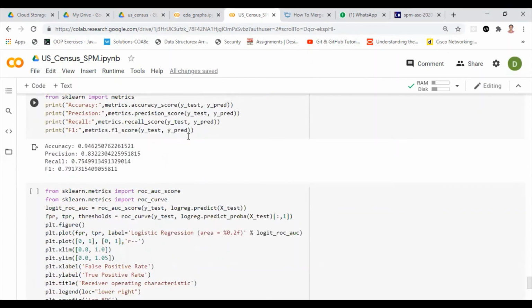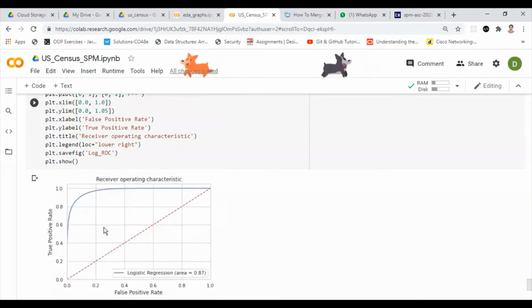Logistic regression algorithm was also applied on the dataset. It can be seen that it provides a decent accuracy and precision value and a recall value which is somewhat lower than the Knn algorithm. ROC curve was also plotted, and it can be seen that it is quite far off from the 45-degree line.